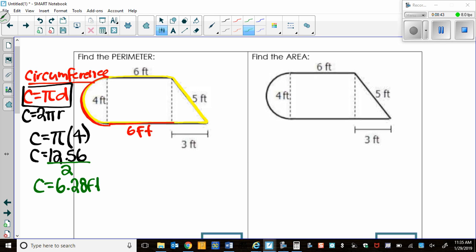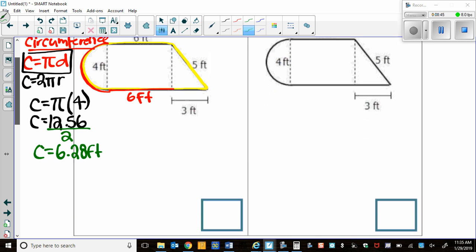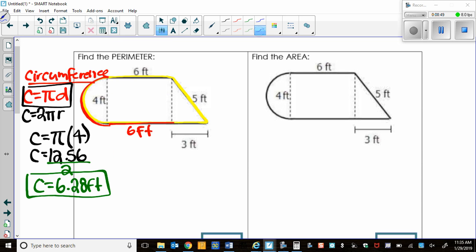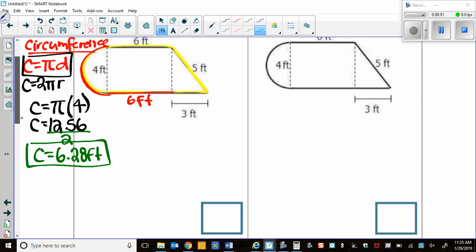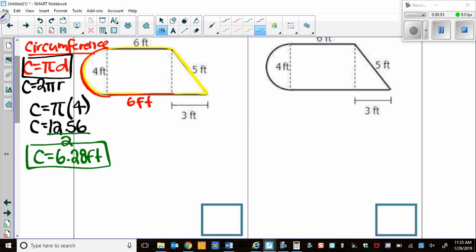So now I have all my missing parts. All I have to do now is write the numbers that I'm going to be adding. So I have the circumference of my semicircle, so 6.28 plus 6 feet. Actually, I won't put the units on this.